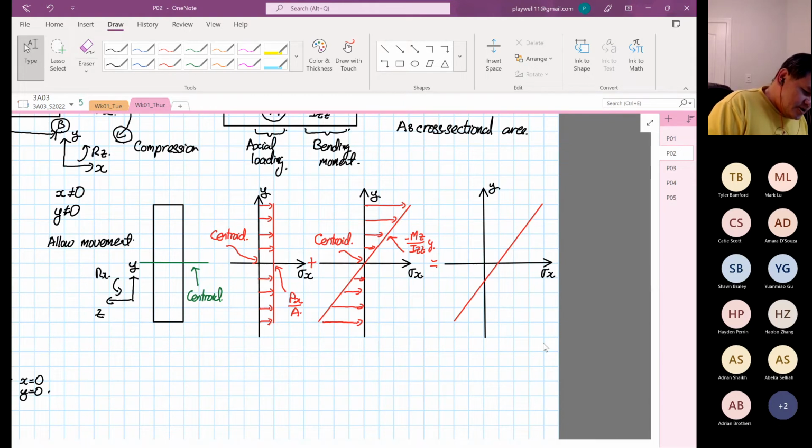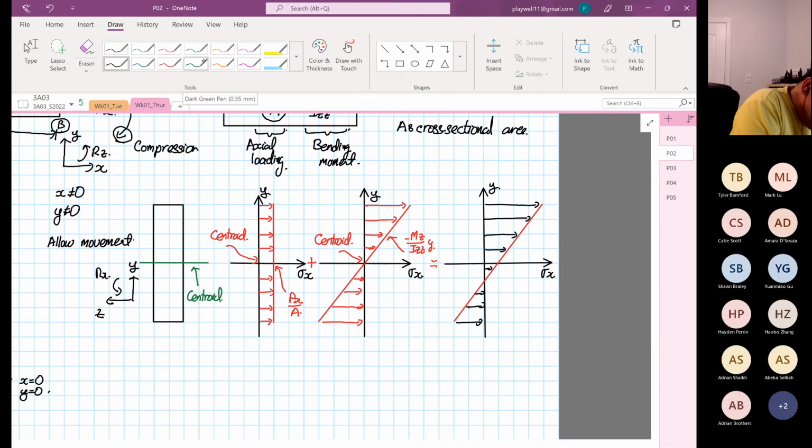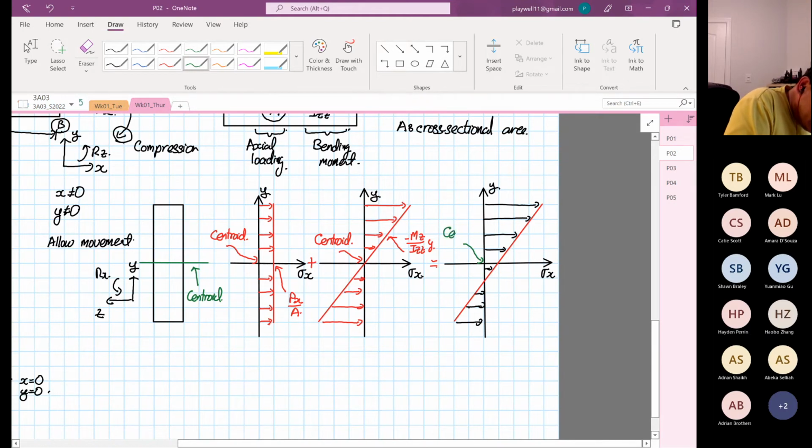What you see over here is this part is still going under compression, and above it is going to go through tension. This position over here is still our position of the centroid.